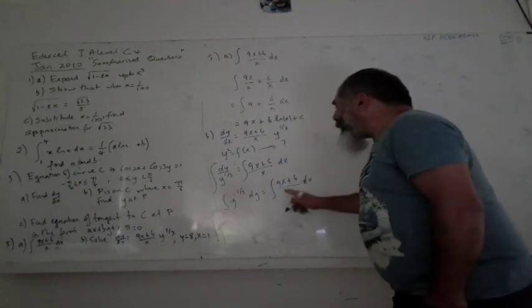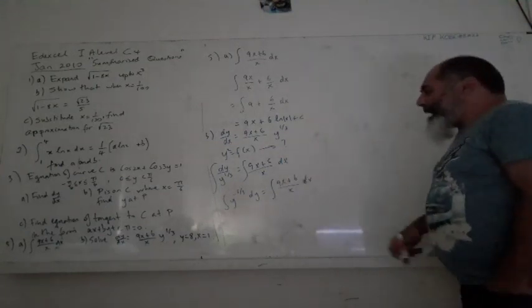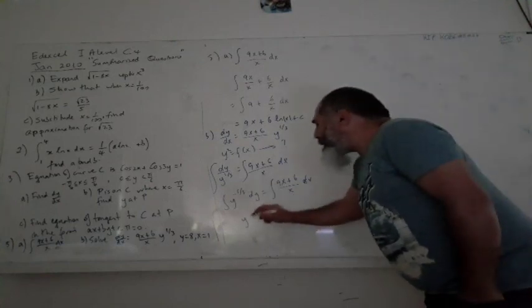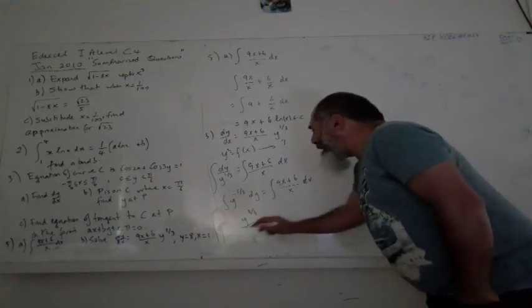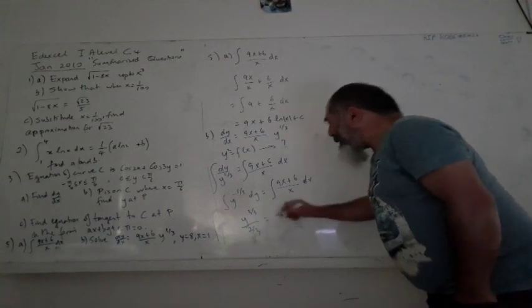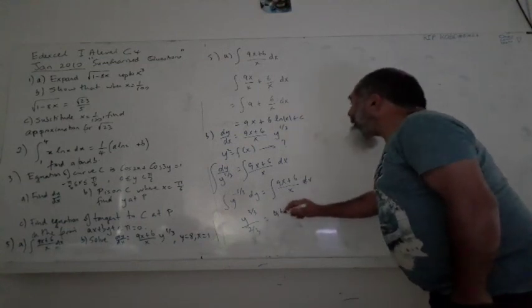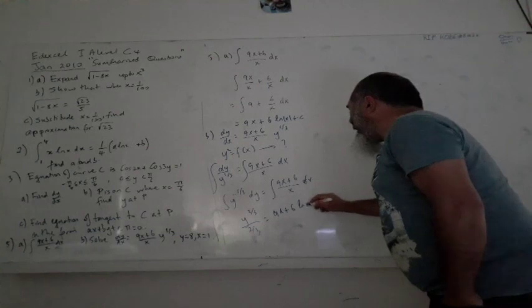This one is already been solved in part A. So y to the power of 2 over 3 over 2 over 3 is equal to 9x plus 6 ln x plus c.